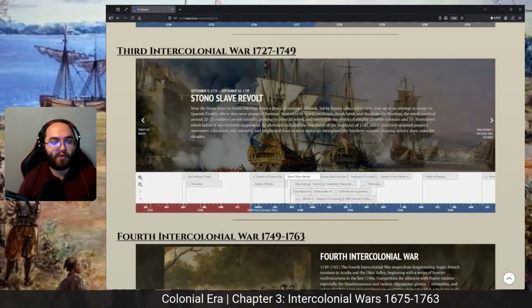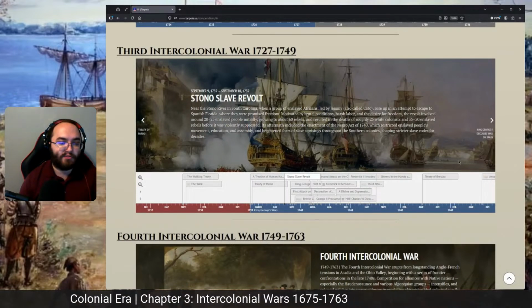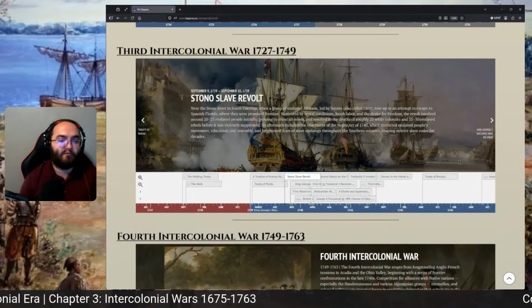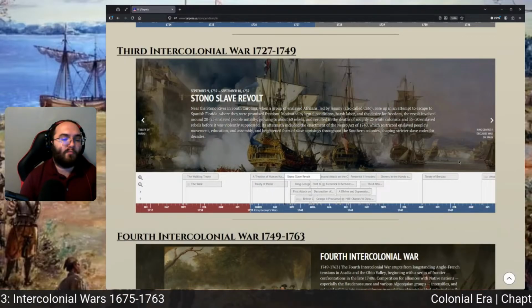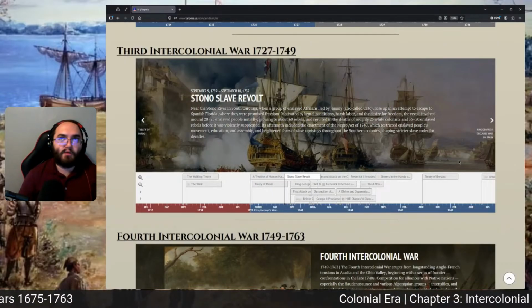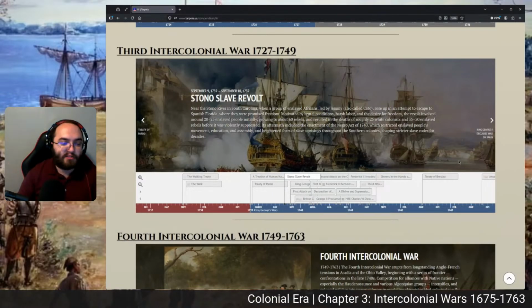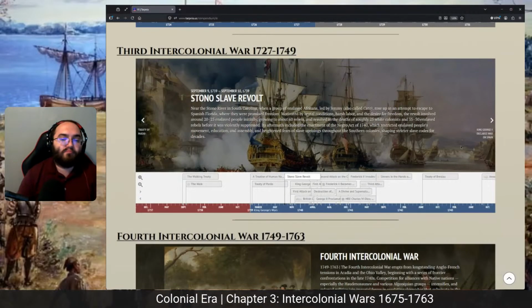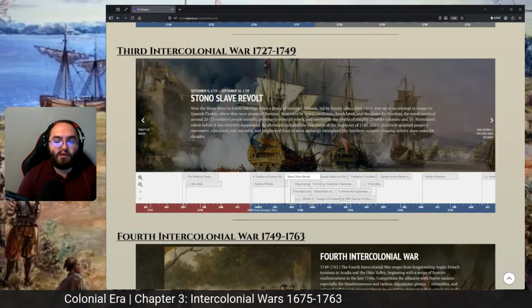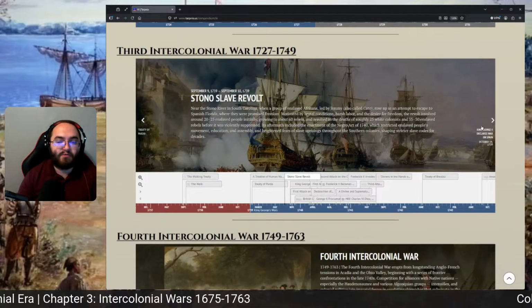And so the fear of slave revolts and punitive measures by former slaves will convince slave masters and Southerners to not abolish slavery. So that kind of sucks.